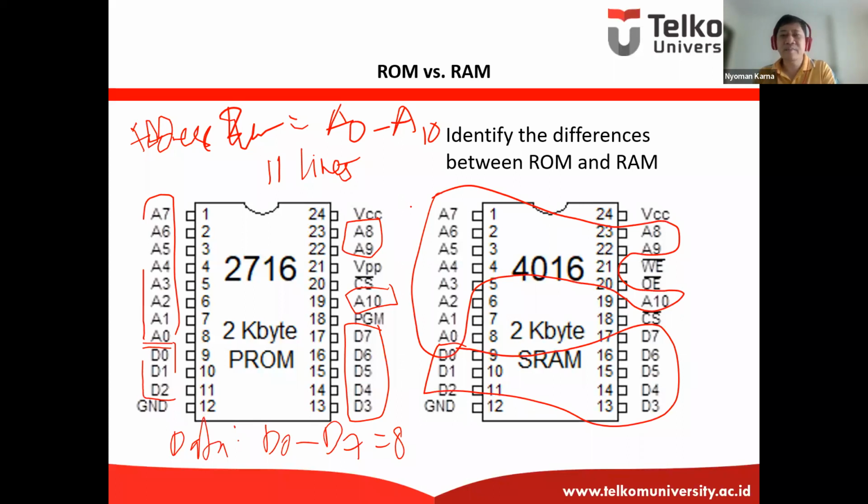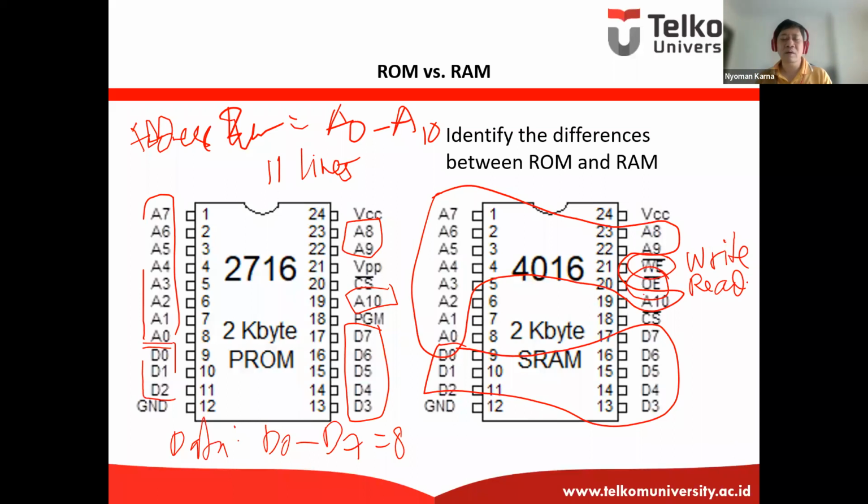The difference is in the ROM, there is no write control signal. But in RAM, we have something that we call write enable. This is to write something into the memory, and also output enable. This is to read something from the memory. So in RAM, we have write and also read.